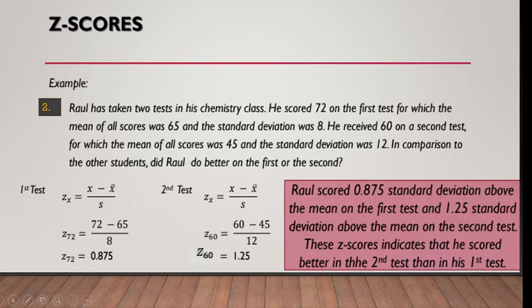In the second test, we use the same formula and substitute, so z sub 60 is equal to 60 minus 45 over 12, which is equal to 1.25.